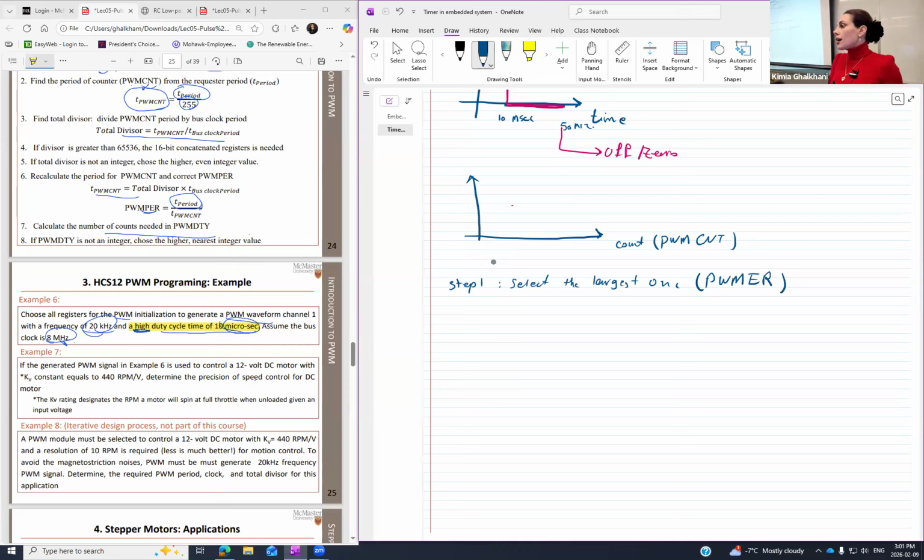Remember, I had scalar and pre-scalar starting from a minimum and then stopping at the maximum. That's exactly what we are going to do. And this is included in your in-class assignment on Thursday. Therefore, pay attention to learn it. So then I'm going to have 8 bits from the question, 8 bits PWMER.